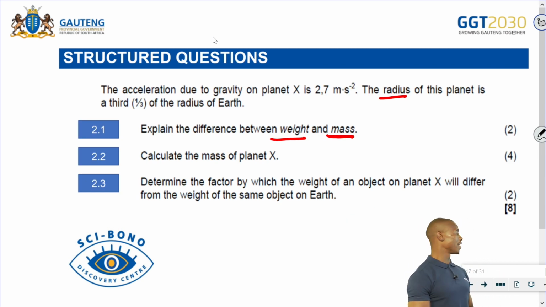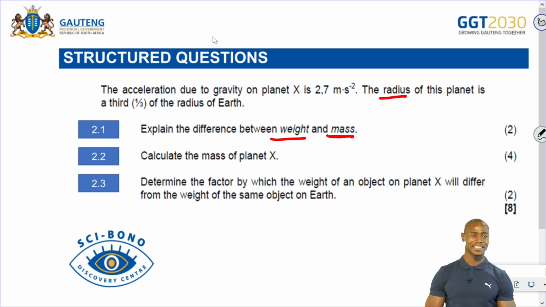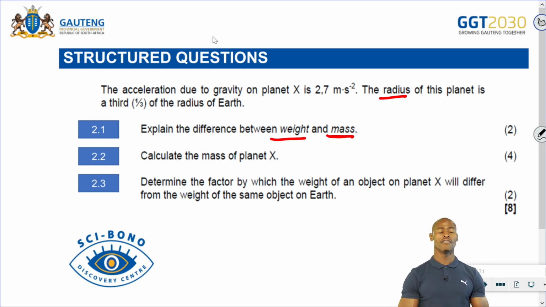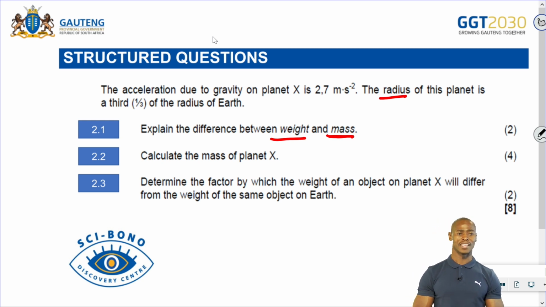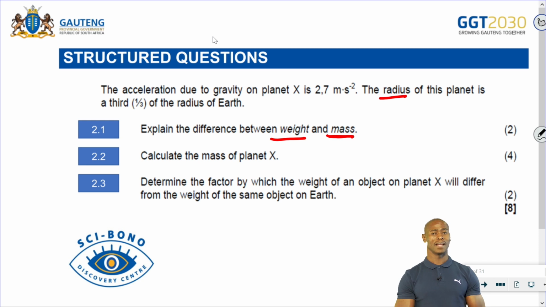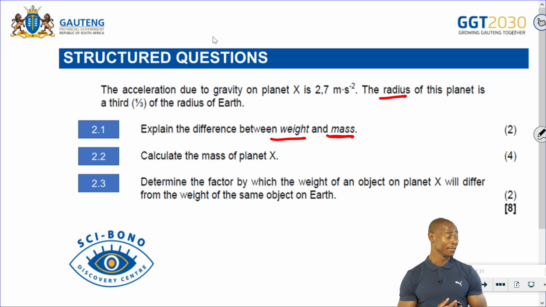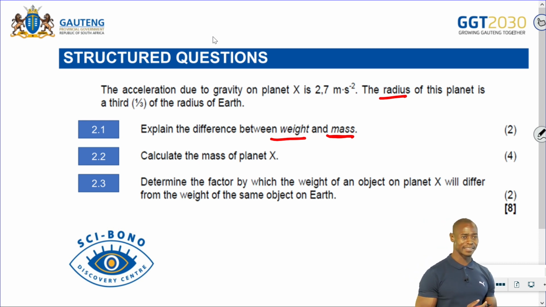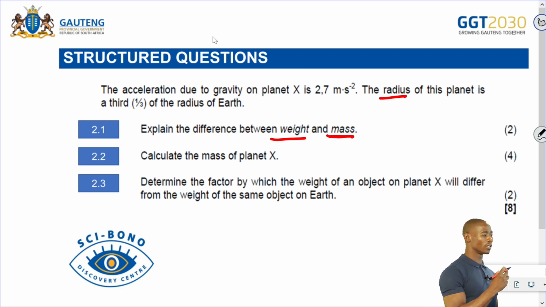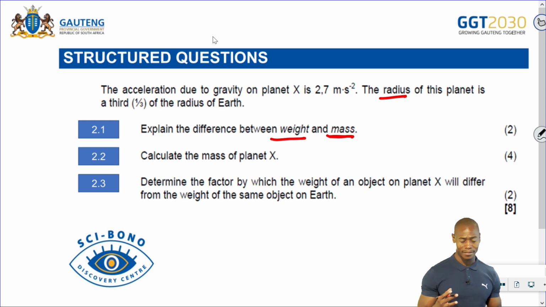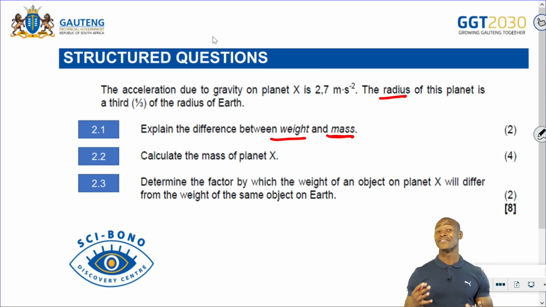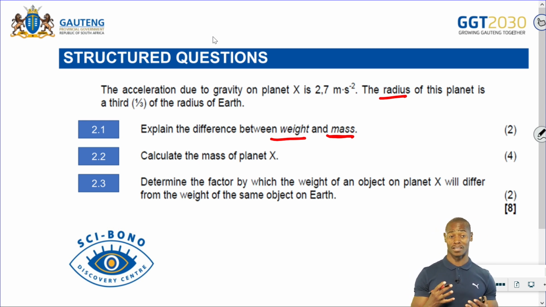Then 2.3, determine the factor by which the weight of an object on planet X will differ from the weight of the same object on planet Earth. Remember, learners, when it comes to different planets, what is actually different is the acceleration due to gravity.